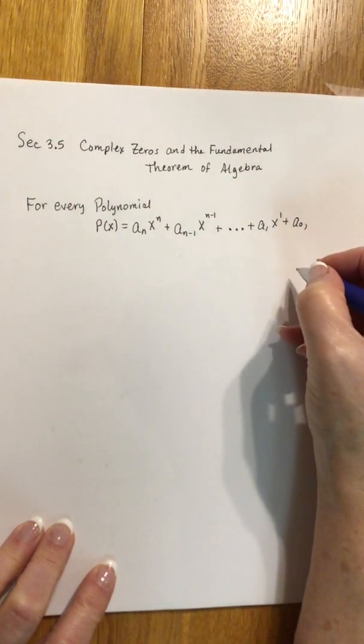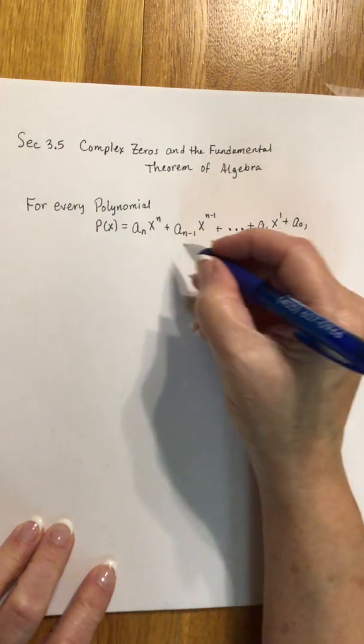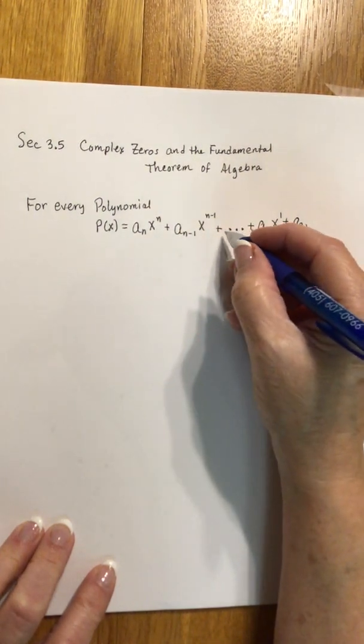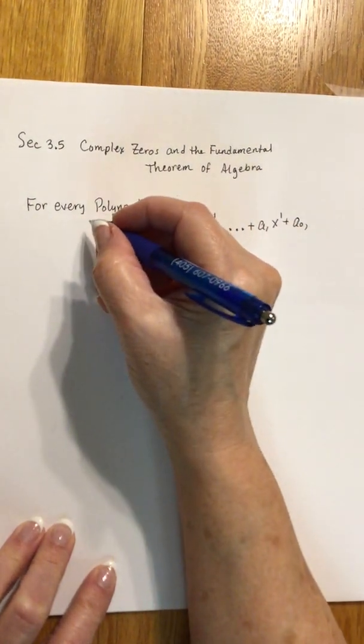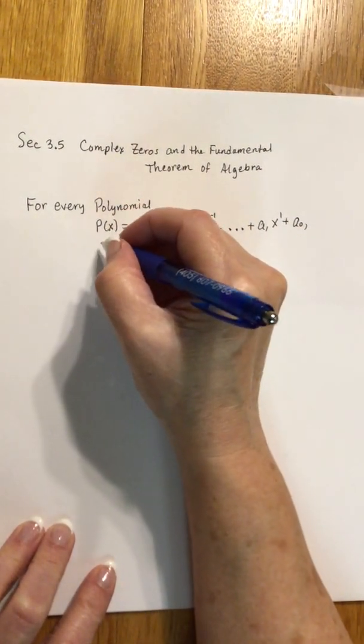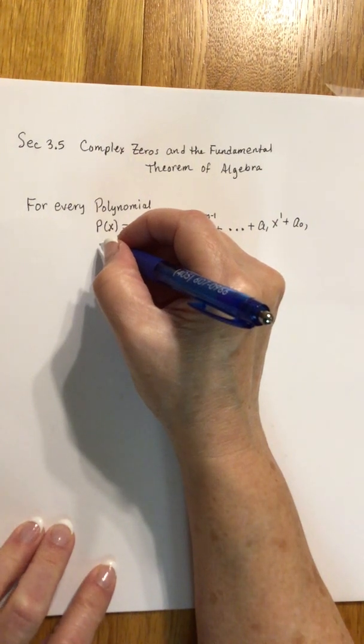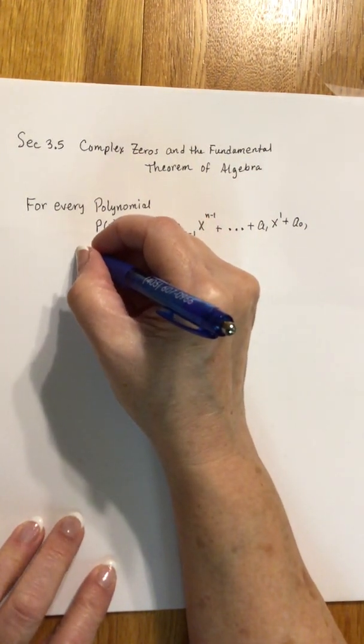So if one of these coefficients is complex, then we have at least one complex zero. So what we're going to look at first is what that word complex means.